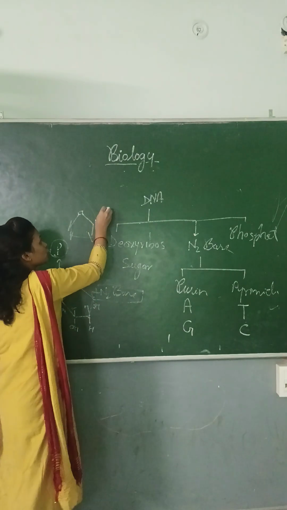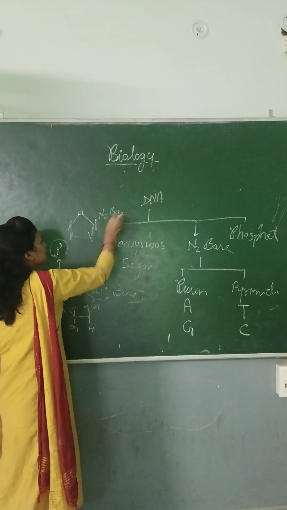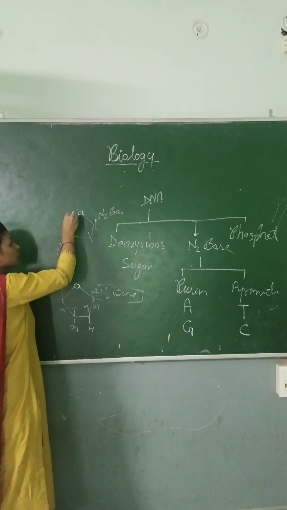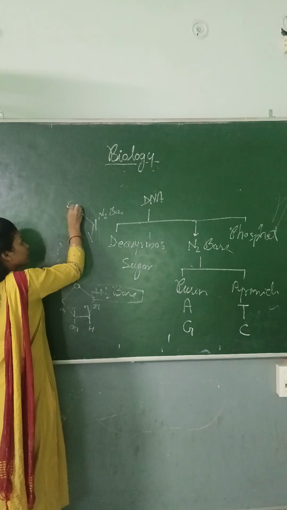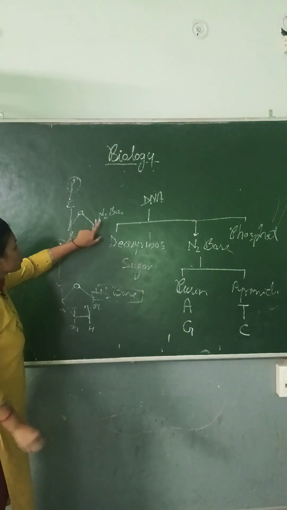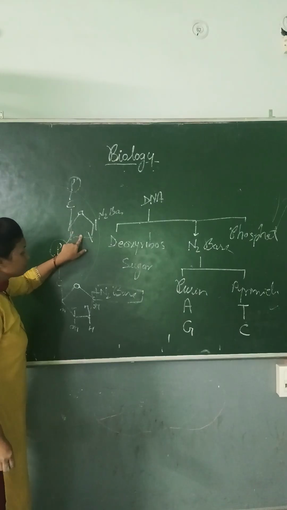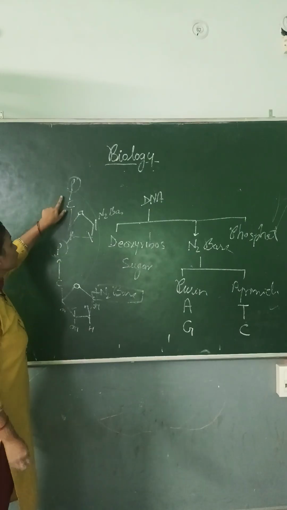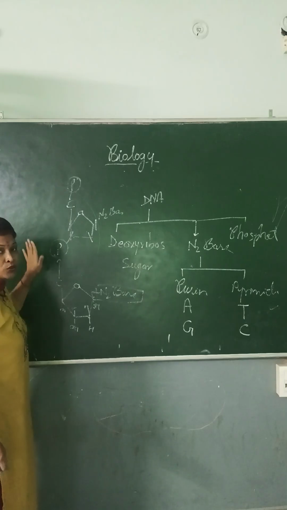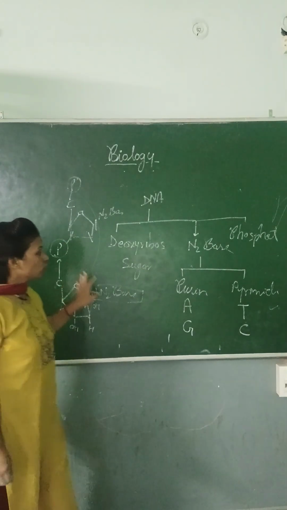The first carbon is joined with the nitrogenous base. The third carbon, this pentose sugar. Then this fifth carbon is again with the phosphate group. So nitrogenous base, pentose sugar, and phosphate group, they make nucleotides. Is that clear? I hope you understand this.